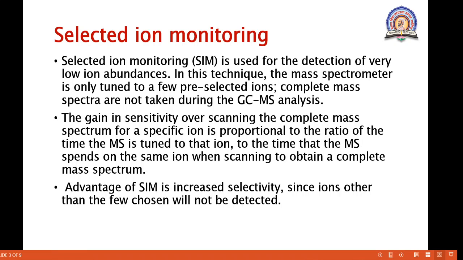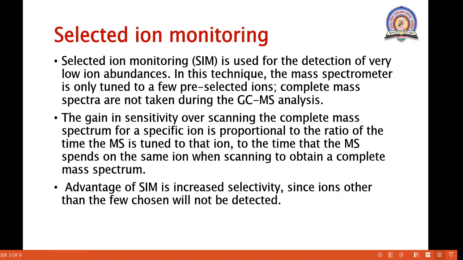How is it done? Let's see. Selected ion monitoring, in short SIM, is used for the detection of very low ion abundances. In this technique, the mass spectrometer is only tuned to a few pre-selected ions. Complete mass spectra are not taken during the GCMS analysis.